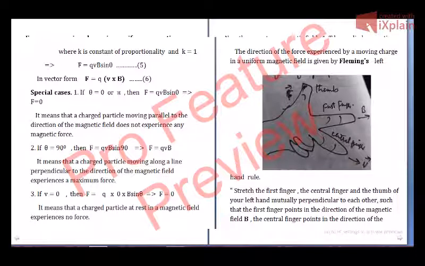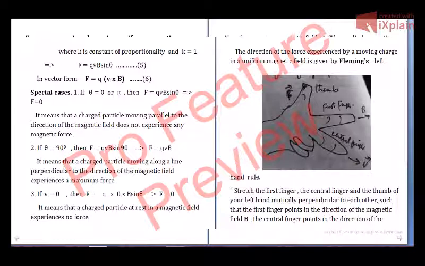So in vector form we can write equation 5 as F is equal to Q V cross B, because in terms of the magnitudes of V and B, it will be VB sine theta. A cross B is AB sine theta. Similarly, V cross B will be VB sine theta. So let us represent this equation by 6.